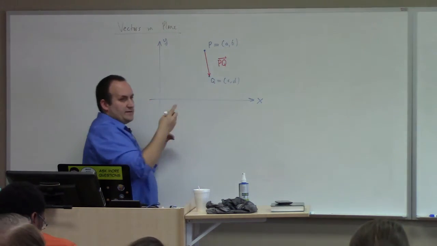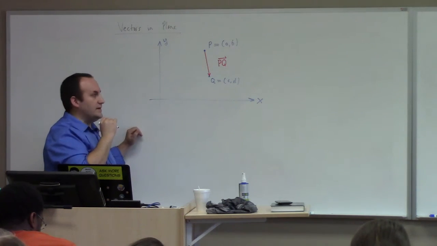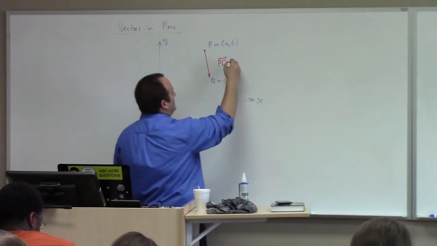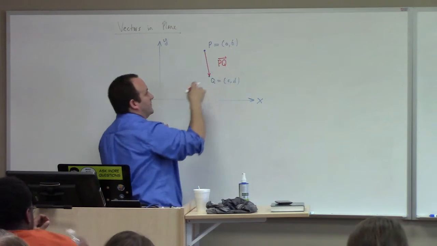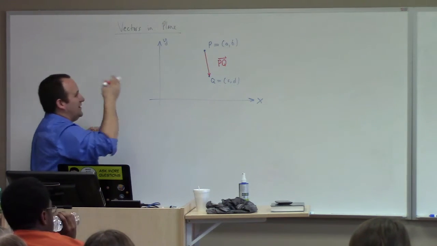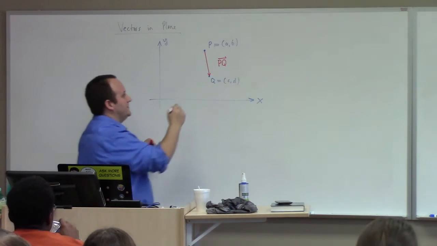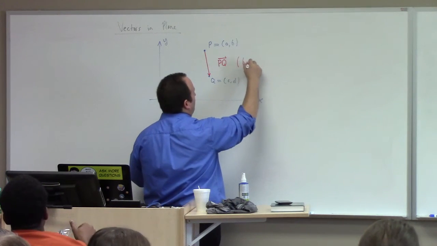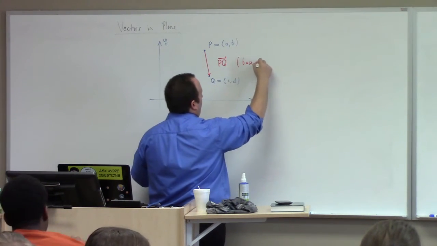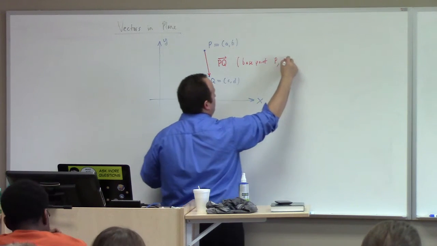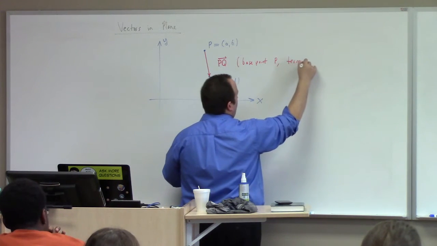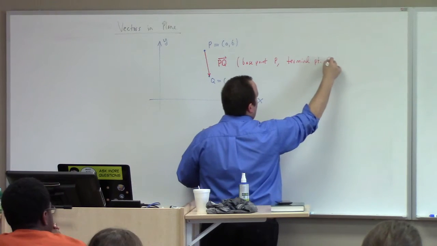That's the directed line segment from P to Q, and that vector is based at P. Base point P, terminal point Q, right?